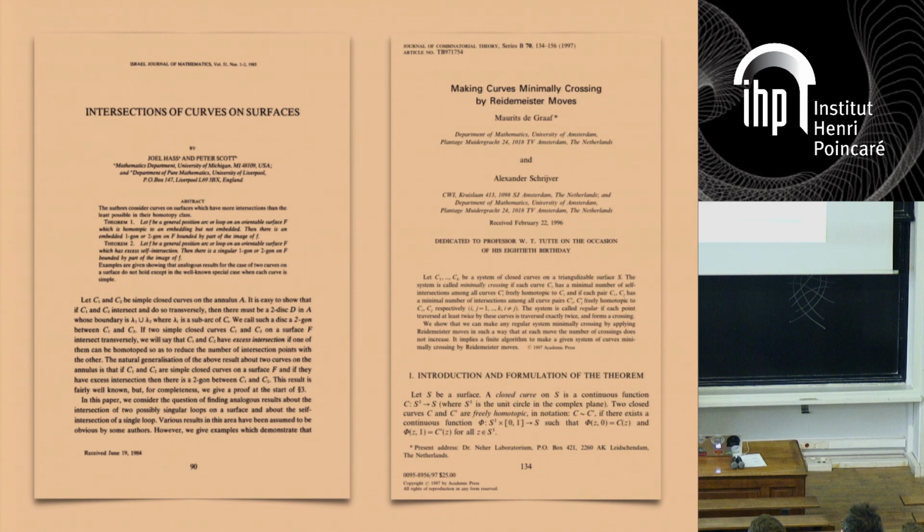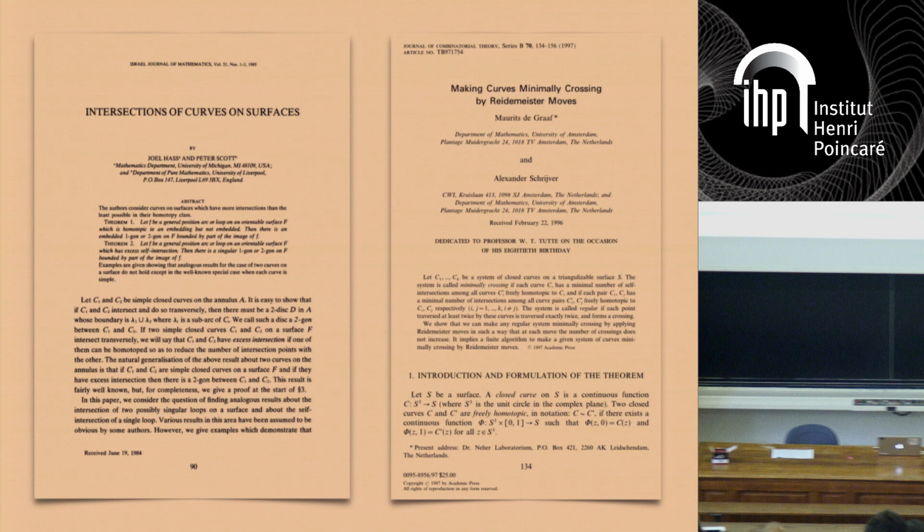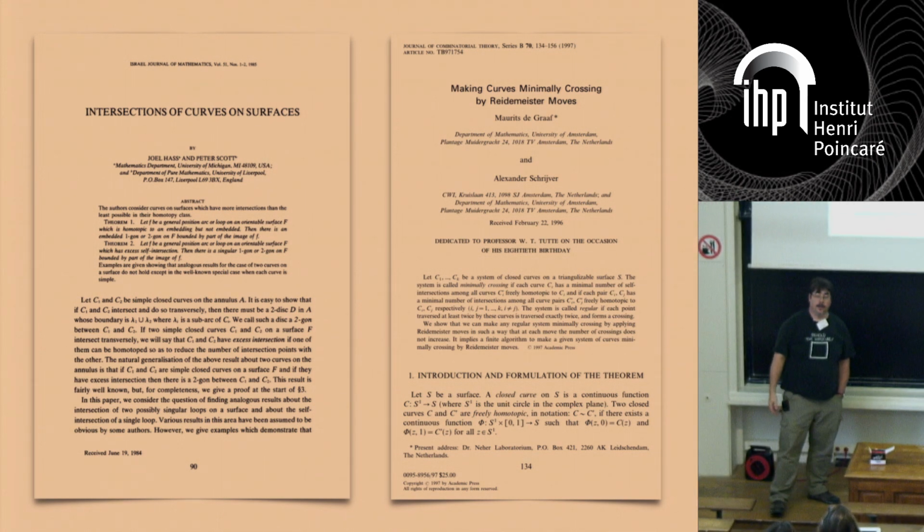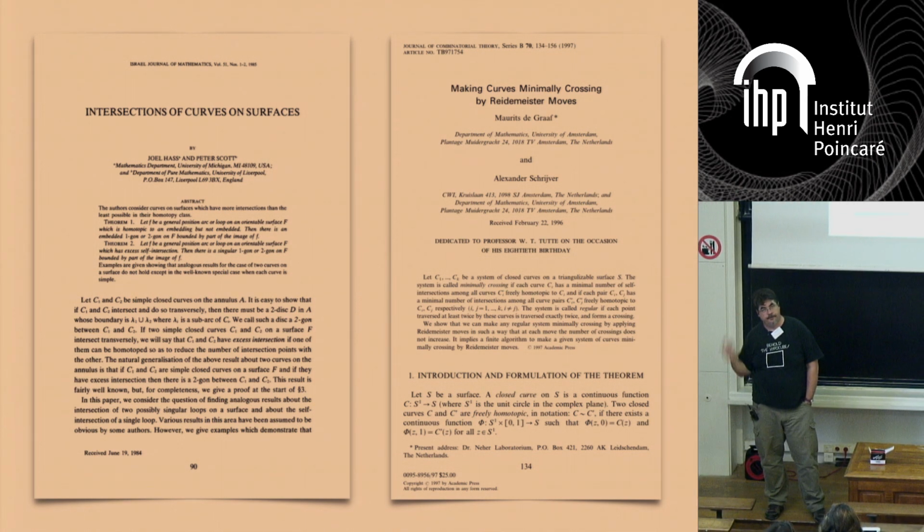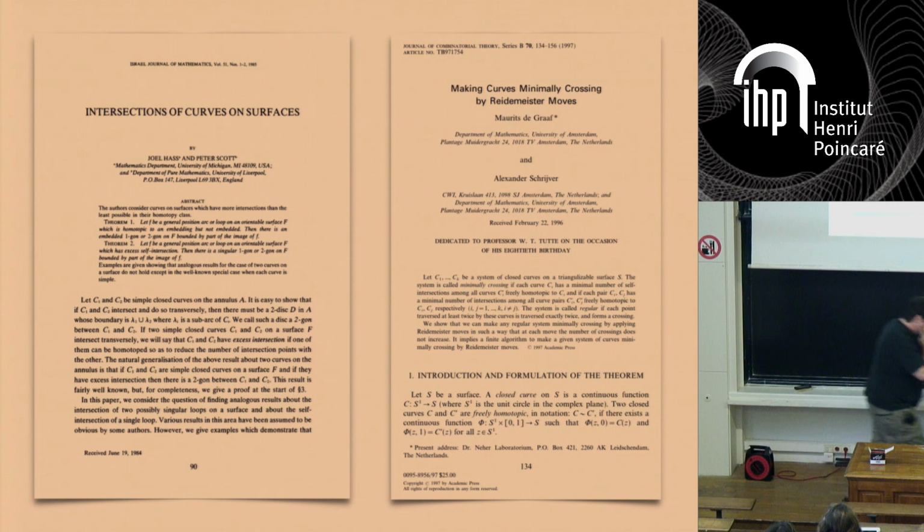In particular, this paper here on the left by Joel Haas and Peter Scott has a really very, very subtle key lemma in it, which I'll show you, but not the proof, because you don't want to see the proof in a lecture like this. It's really quite a technical tour de force. So thank you, Joel, for doing the hard work so we don't have to.